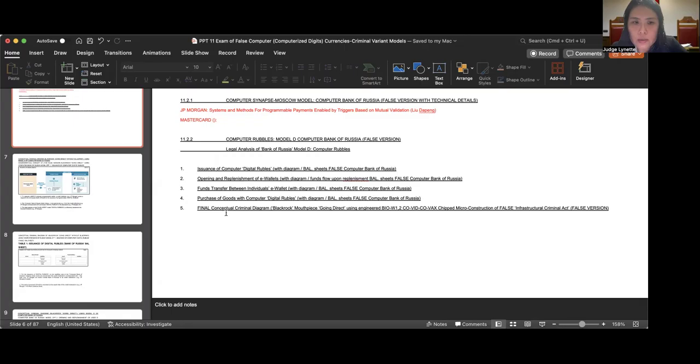And fifth, the final conceptual criminal diagram that I would like to finally review, in conjunction with BlackRock as the mouthpiece of the going direct proposal, in conjunction with engineered bioweapon 1, COVID, COVAX chip microconstruction, false, in conjunction with a false infrastructural criminal act, meaning a legislative bill that is the highest crime of theft at a national level and therefore void and targeted at many nations around the world.